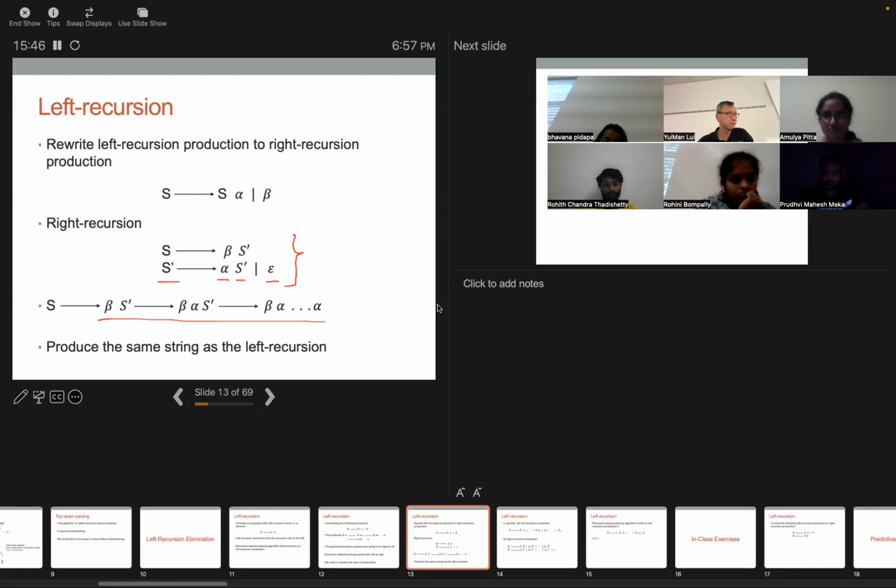Now look at the recursive call. Where is the recursive call? The recursive call is here, S prime. It's on the right. It's no longer on the left. Remember, the recursive descent algorithm does not like the recursive call on the left. So we rewrote this grammar. Now the recursive call is on the right.